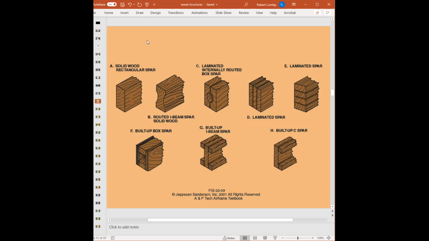Now, here's the thing. The FAA and everybody brings up this grain deviation of 1 inch in 15, and that. Keep in mind, that is when you're inspecting the wood that's going to be used for aircraft construction. The grain is not going to deviate once that has been approved and it's been put on an aircraft.